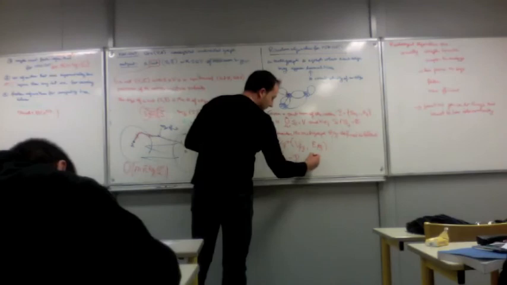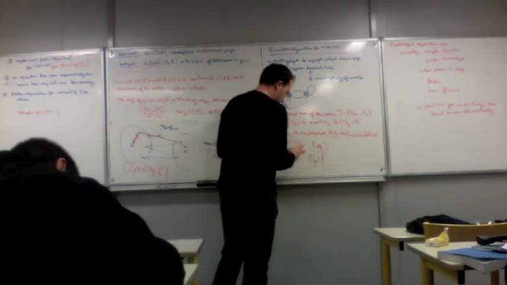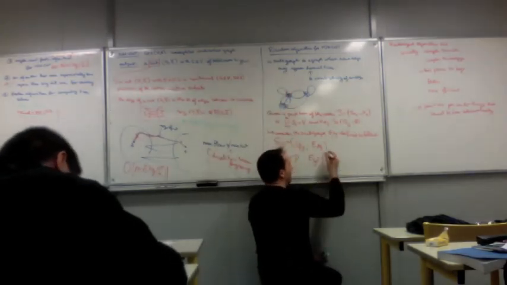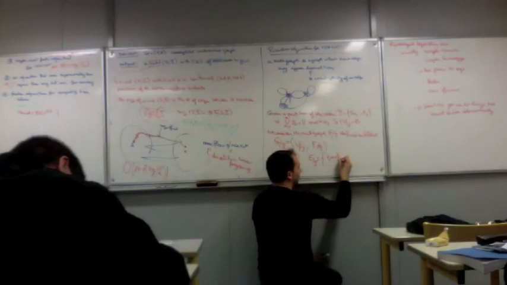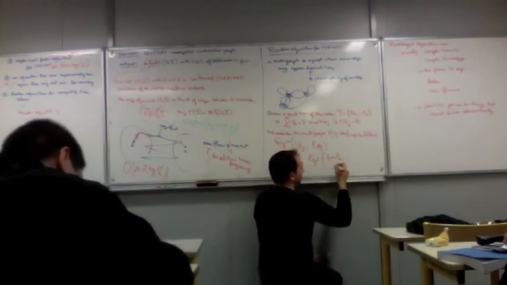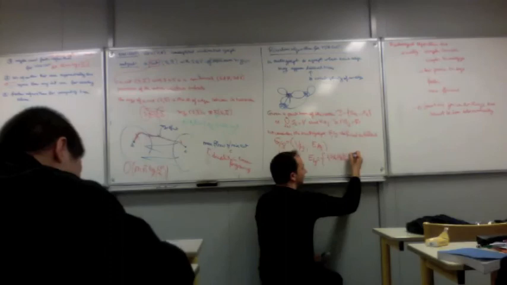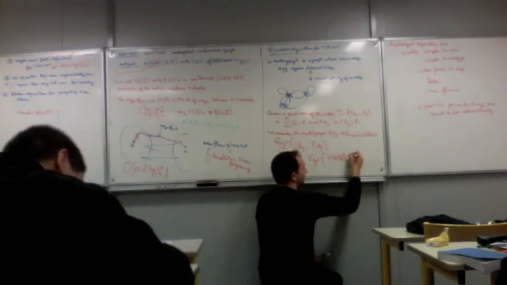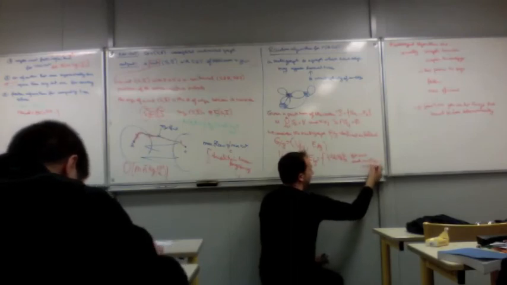The edges are defined as follows: there is one edge between Si and Sj for each edge e equal to uv in A such that u belongs to Si and v belongs to Sj.